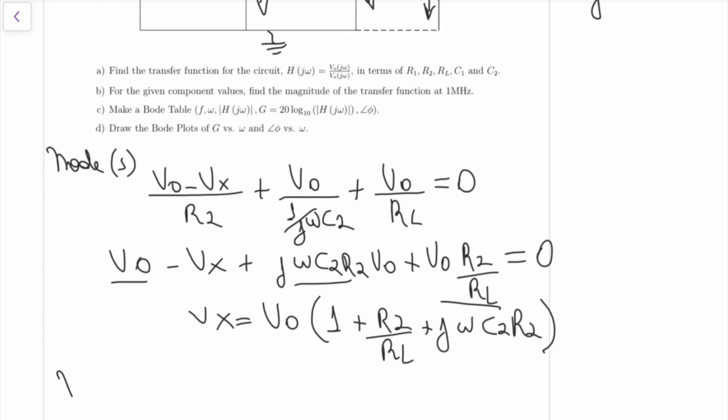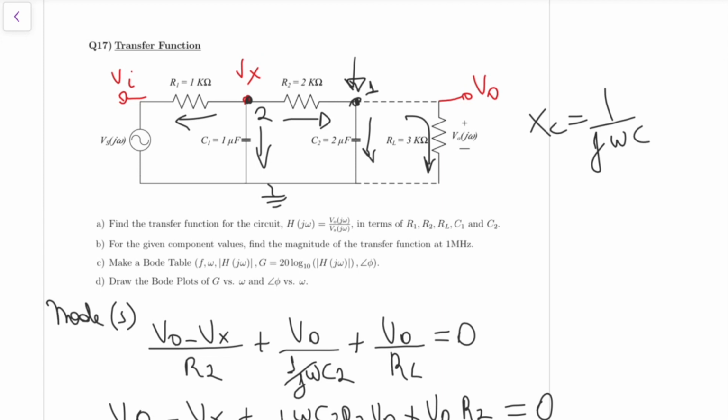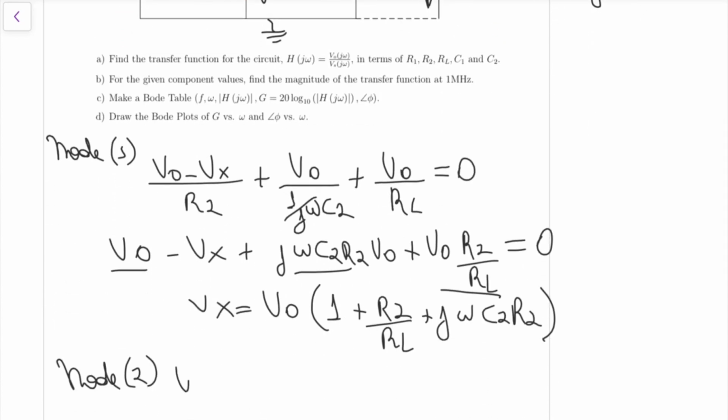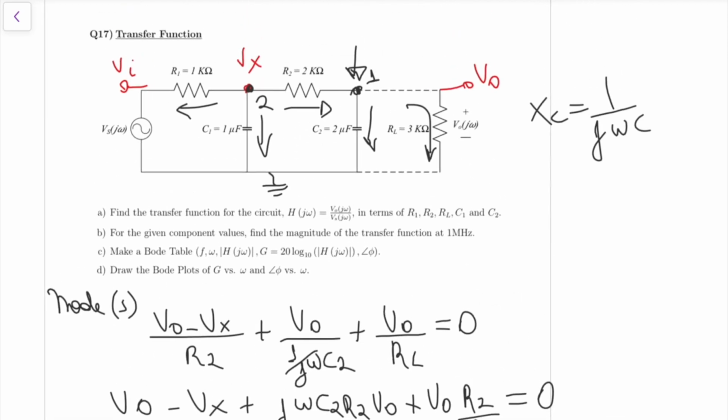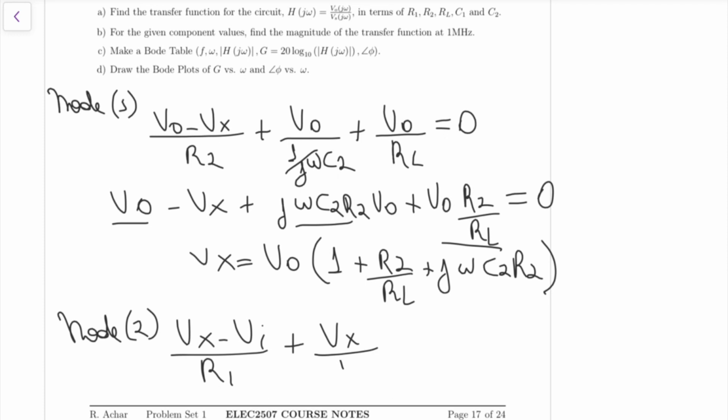So for node 2, the first current will be Vx minus Vi divided by R1, plus Vx divided by 1 over j omega C1, this current here, right?